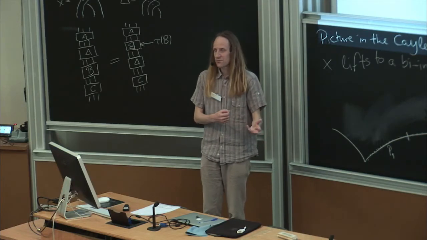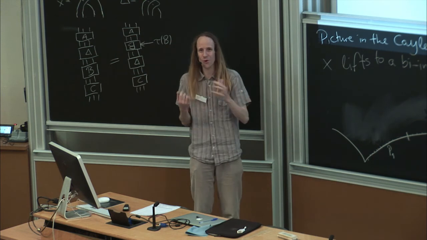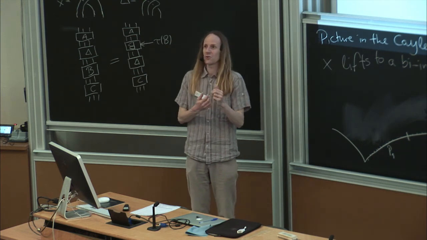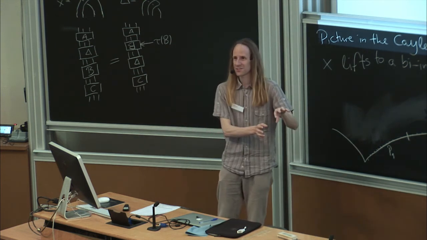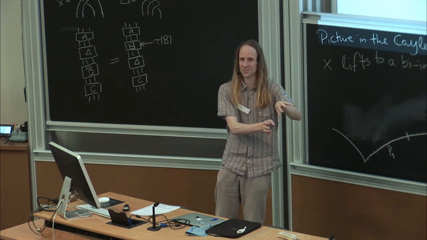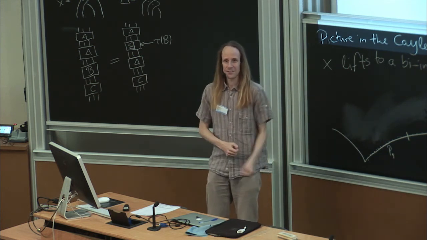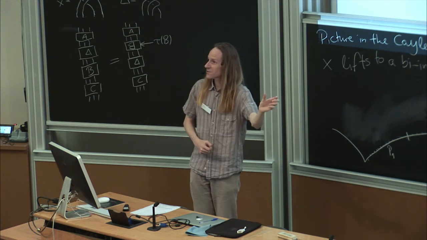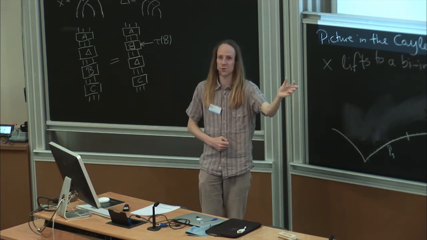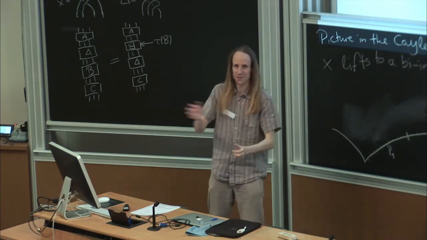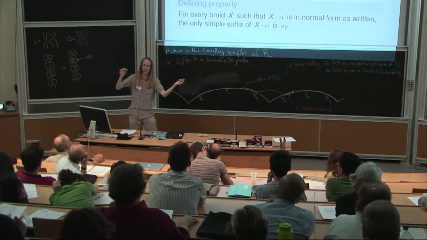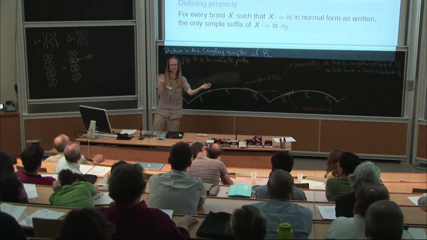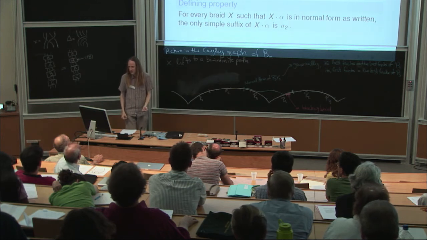In other words, if you take the right normal form, if you push all crossings as far to the right as possible, instead of as far to the left as possible, as is more usual, then still the last factor will contain only the sigma 2 and nothing else. You can't push it. Somehow the alpha blocks crossings from being pushed further to the left.